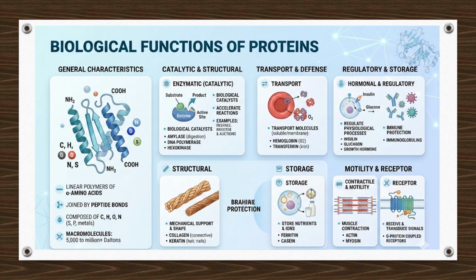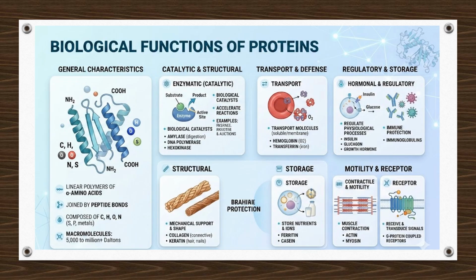Proteins also serve as carriers. Hemoglobin transports oxygen in the blood with cooperative binding that makes oxygen delivery highly efficient. Serum albumin carries fatty acids, hormones, and drugs. Transferrin delivers iron, while lipoproteins transport cholesterol and other lipids.